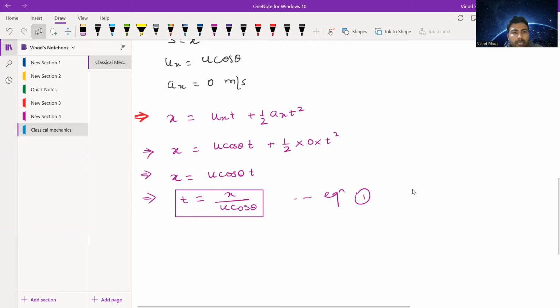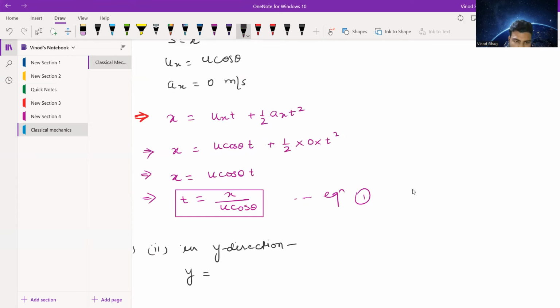So now our task is to implement Newton's second equation of motion in the y direction. So our second task is in the y direction. What is the equation of motion? First of all, the equation of motion will be y equals uy t plus half ay t square, right?